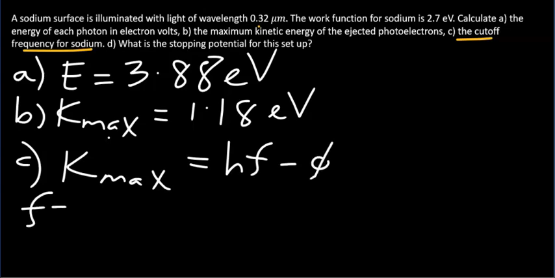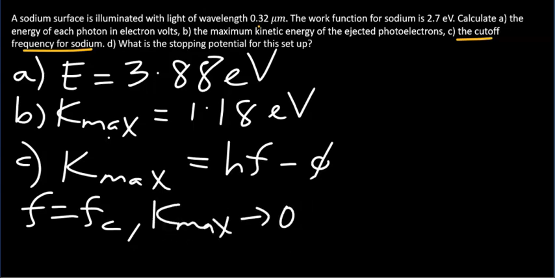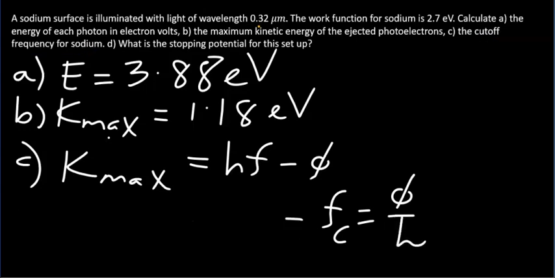So when frequency equals the cutoff frequency, the kinetic energy goes to 0. That means the cutoff frequency, f sub c, equals the work function over the Planck constant. So first, let's calculate the work function in joules. It's 2.7 electron volts.